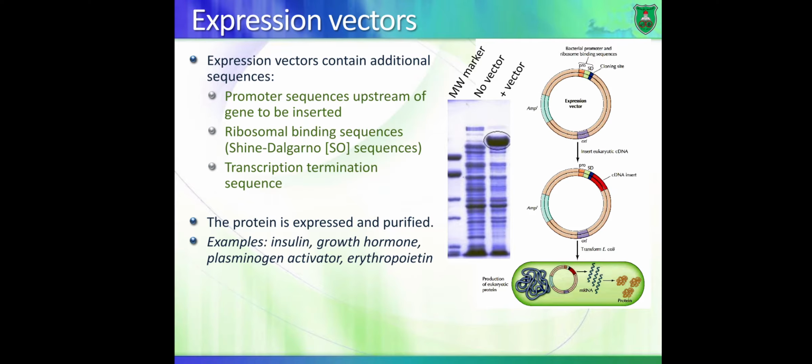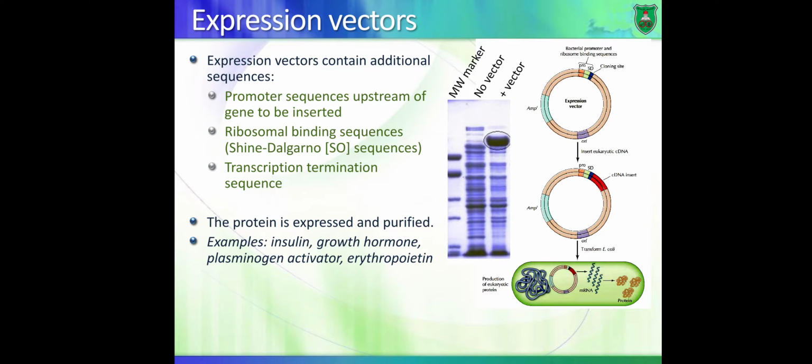Right next to it are proteins taken from bacterial cells that contain the plasmid and express the human protein, whatever protein it is. You can see the same bands, the same pattern, the same proteins, except for this one. This is the protein that we force bacteria to synthesize. So you can see how much protein there is compared to all of the other proteins.